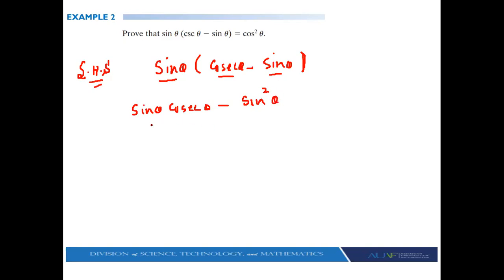Okay, now we know from inverse ratio that sine is equal to 1 over cosecant. So if you replace sine by 1 over cosecant, so 1 over cosecant theta multiply with cosecant theta. Sorry, I need to write more clearly.